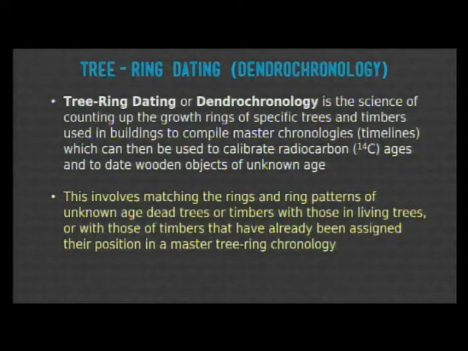And so what they try to do is match the patterns of rings in the timbers in houses and buildings with one another to build up a master chronology to calibrate radiocarbon ages. And once they get radiocarbon ages, they can use these chronologies to date wooden objects of unknown ages.